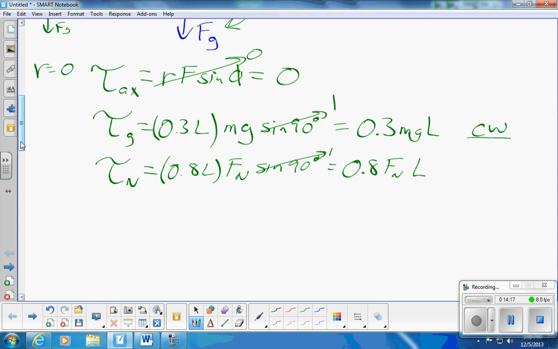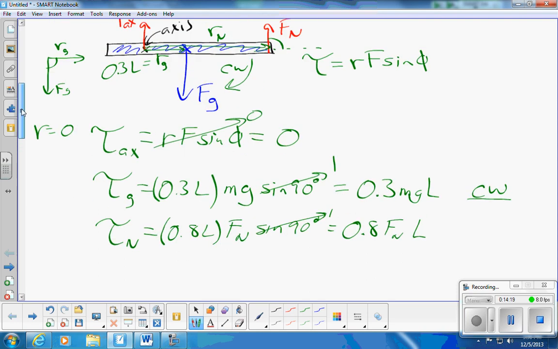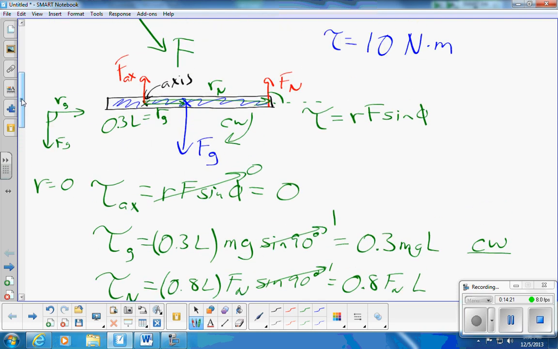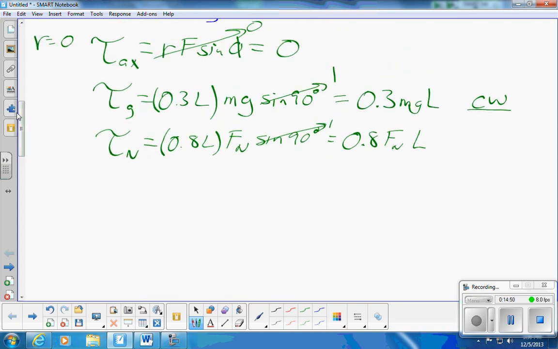On the other hand, the torque created by the normal force of my finger pushing up on the stick, if that were the only force on the stick, which is still pivoted at the axis, would tend to make the stick go counterclockwise. If gravity turned off all of a sudden and I'm pushing up, the stick is going to rotate counterclockwise around the axis. So the torque created by the normal force is counterclockwise.